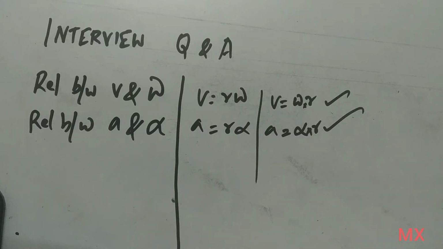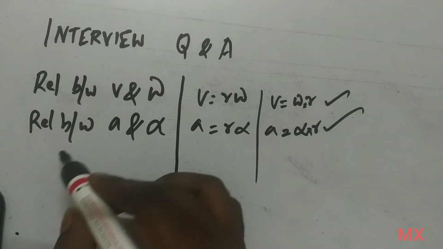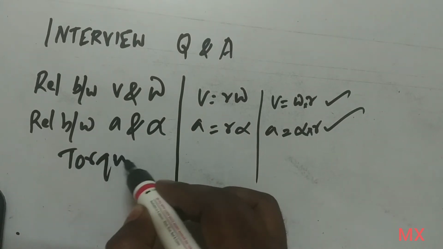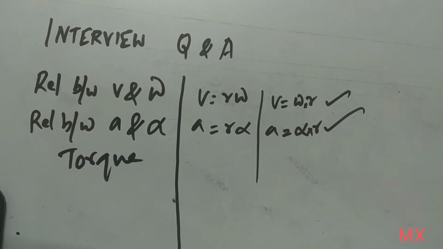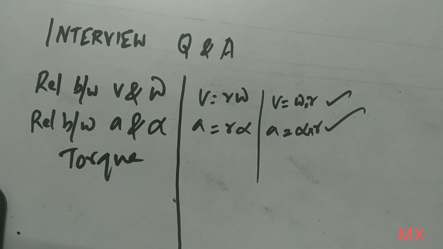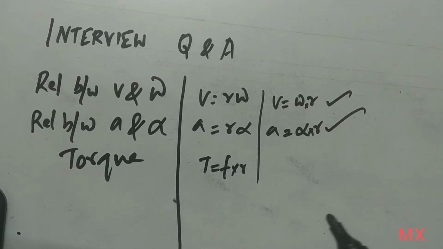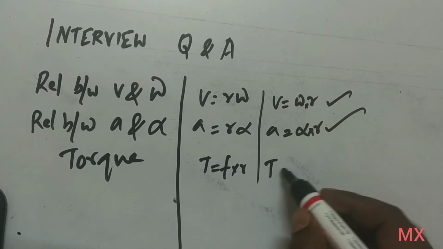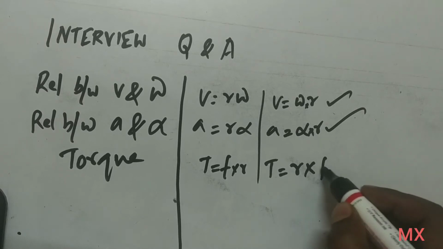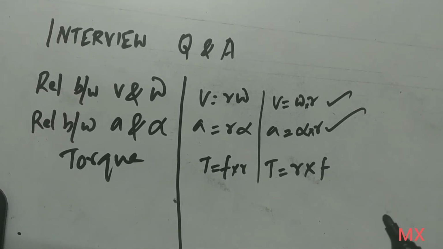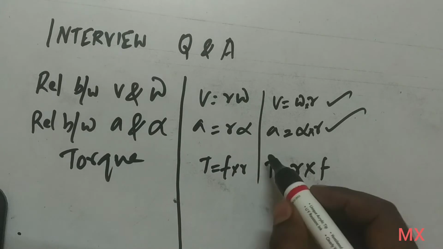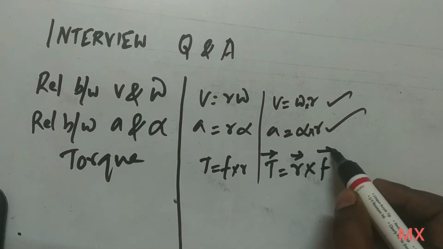This is also correct. Likewise for torque, if anyone asks you, if you tell force into perpendicular distance between them, okay, but if you are going through the formula F cross R, the correct thing is torque equal to R cross F. But make sure that you are telling this with a vector, because torque is a vector quantity.